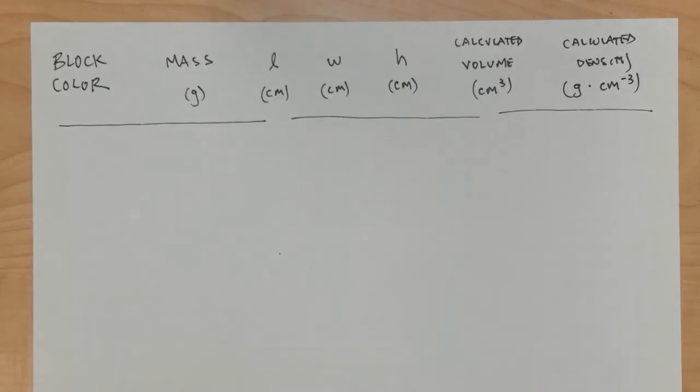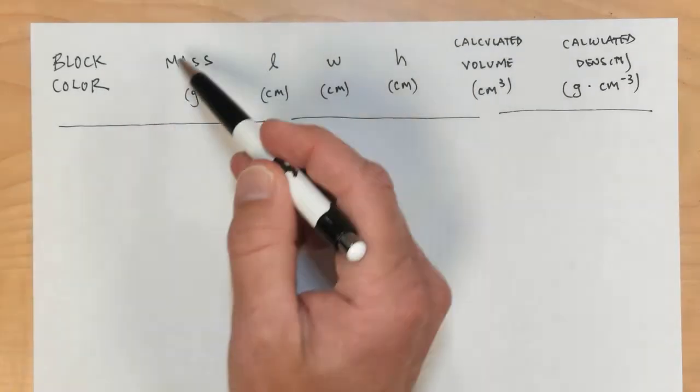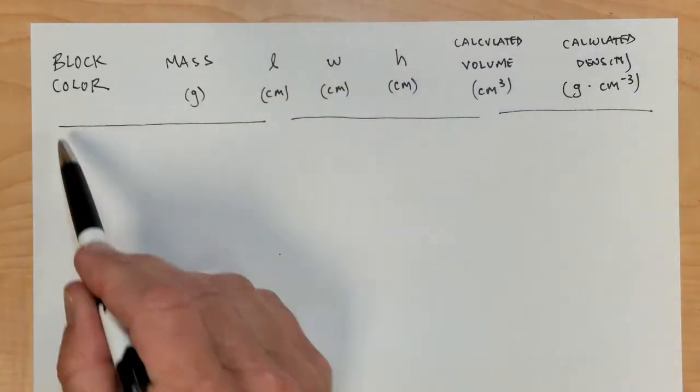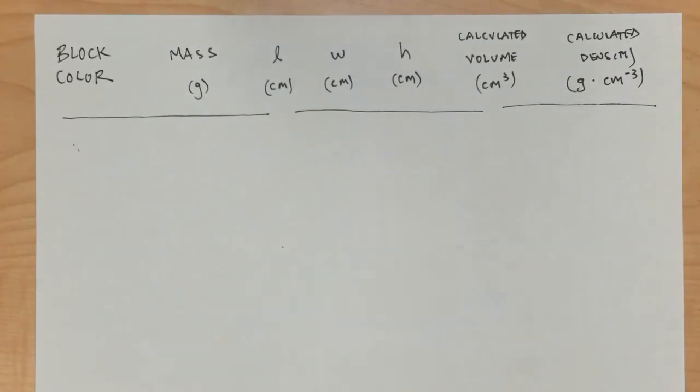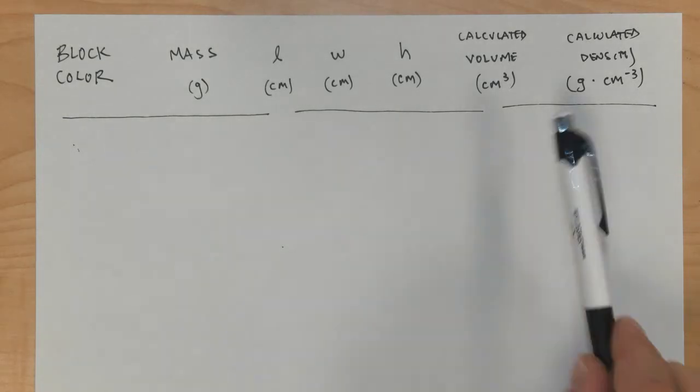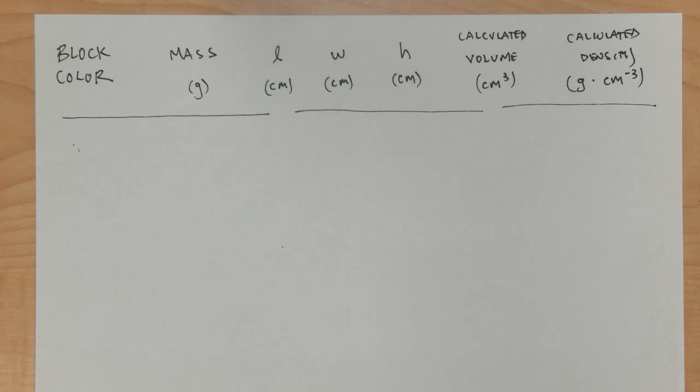So set up your notebook, and you're probably using 2 or 3 lines for each one of these. Put a big long line right here, and then we're going to need 2 lines here for each block, and I'll help you record each one as we take the measurements. I'll give you about 20 seconds here to write these down, and then I'll start the actual measurements. I'm pausing my talking now for just a little bit.